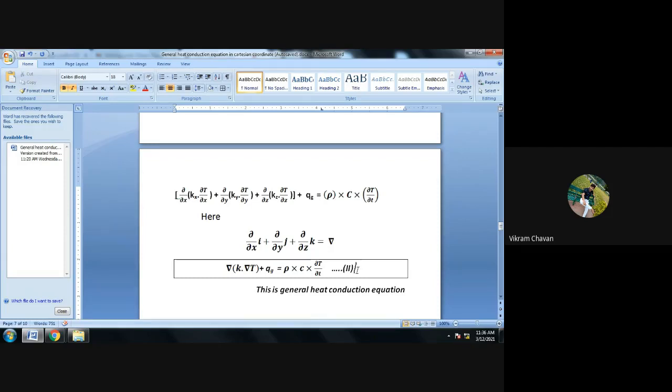This is called the general heat conduction equation. Remember this important equation, general heat conduction equation. Write down the equations.